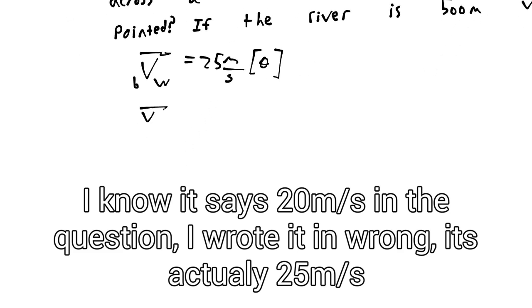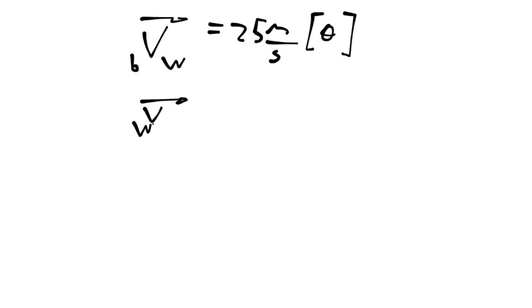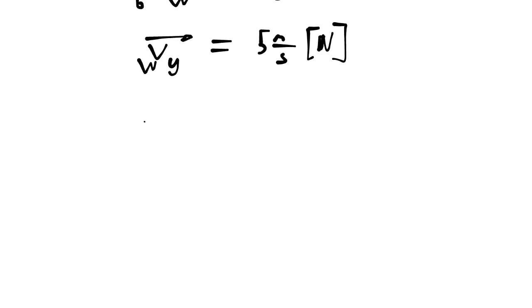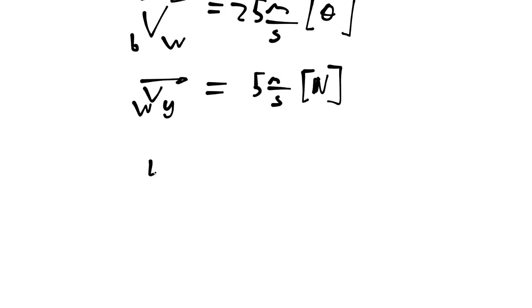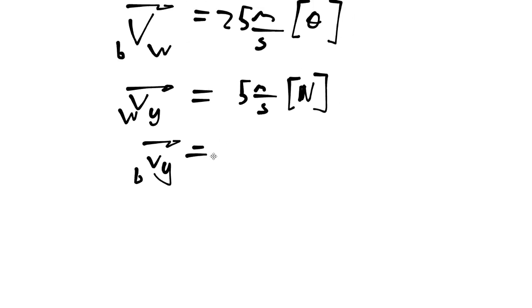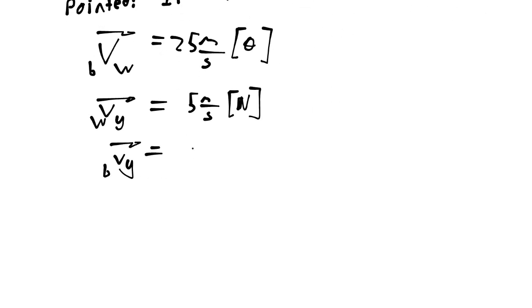And then there's the velocity of the water with respect to the ground, which the question said was 5 meters a second north. And then the boat's velocity to the ground equals, that's actually unknown, but we do know that it's east.